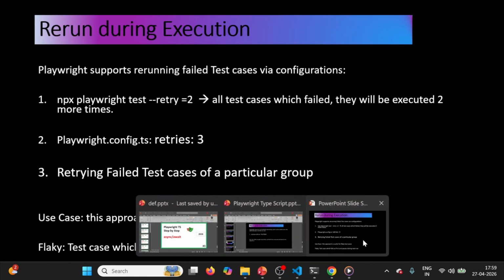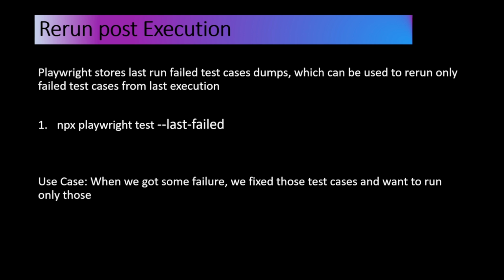Now talking about the second use case, that is rerunning the test cases post execution. When should we use this particular feature? We should use it when we have a legitimate failure either in the test scripts or in the application code, and we want to rerun only the failed test cases either after fixing bugs or after fixing test automation scripts.